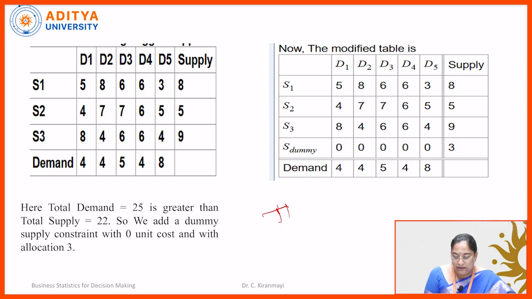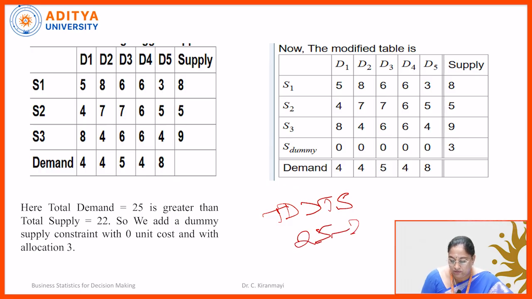Here, total demand is greater than total supply, therefore we add one dummy row with 0 unit cost, and the difference between 25 and 22, that is 3, as its supply.